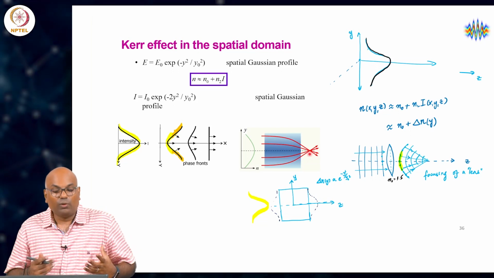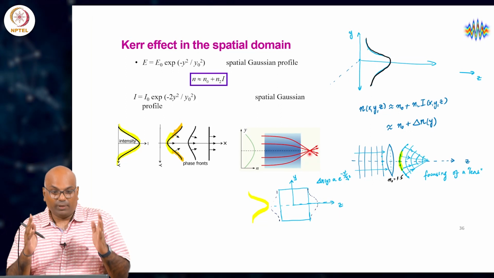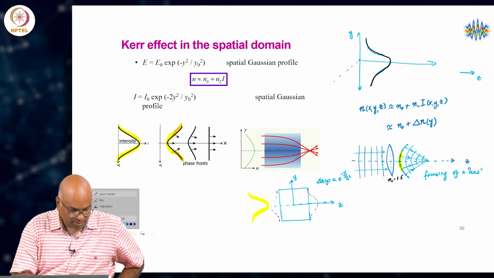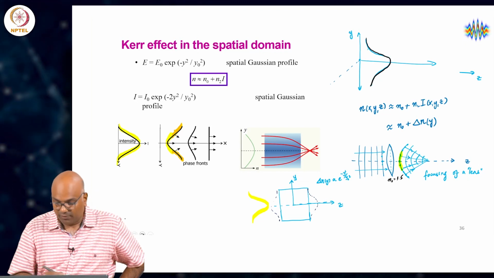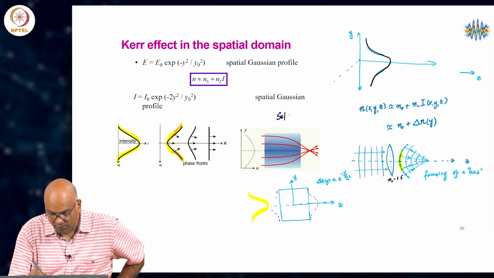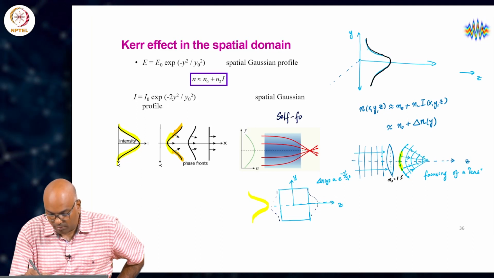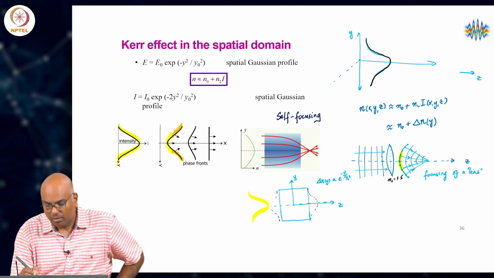But here there is no lens, it is the beam going through an isotropic block of medium and it starts to focus on itself. So, much like self phase modulation, this effect is called self focusing.